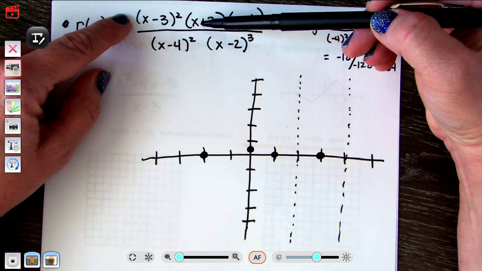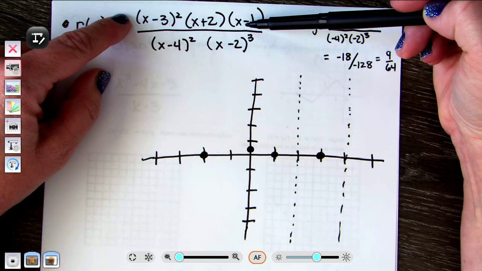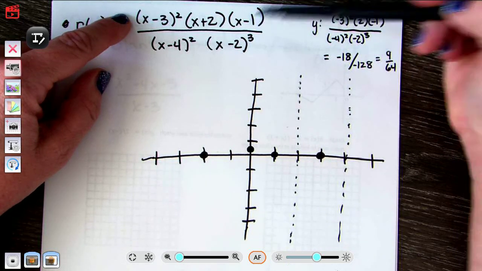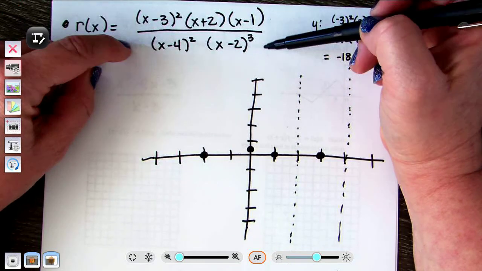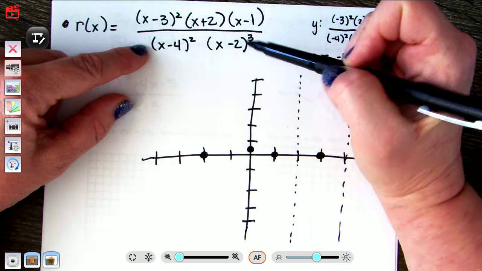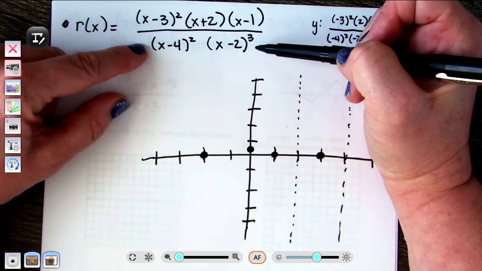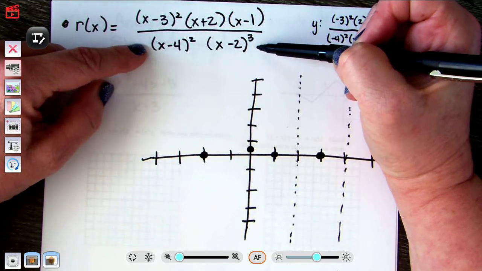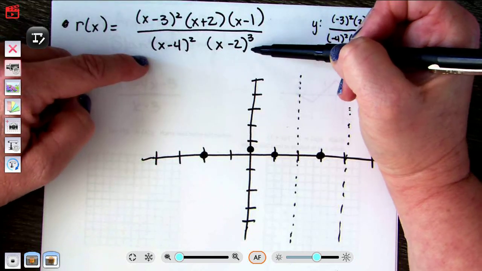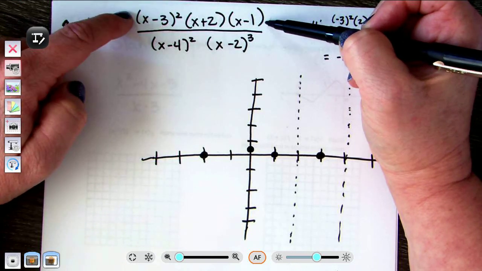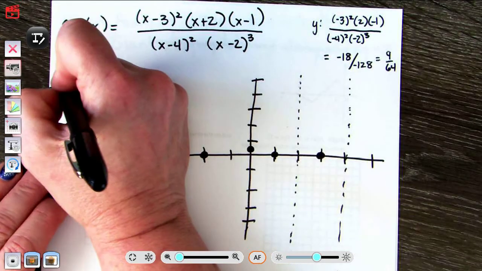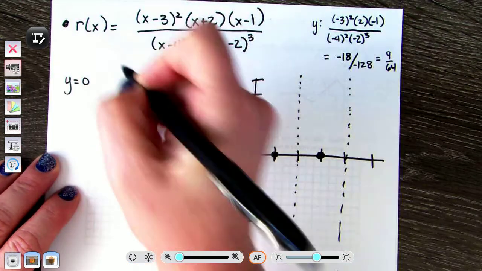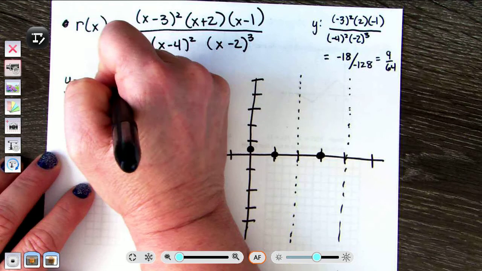This piece would be giving me an x cubed. This would then give me an x to the 4th, plus a bunch of other stuff. So this is a 4th degree. This would be a squared, and this would eventually give me a cubed, which would give me a 5. So 4th degree, 5th degree. The numerator is smaller than the denominator, which tells me y equals 0 is a horizontal asymptote.